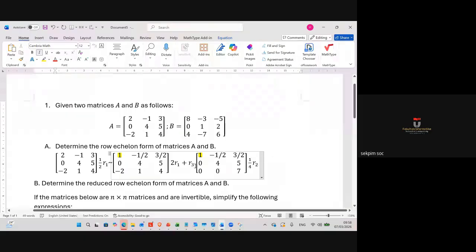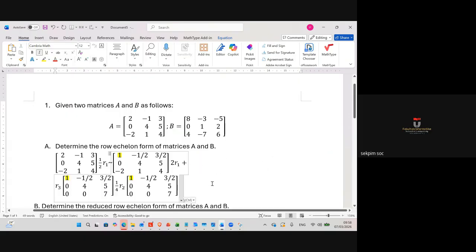So we will have the result from this operation. From 4, we multiply with 1/4, so we have 1, and in this case we have 5/4. Okay, so this is the pivot, right? And next is the row echelon form.